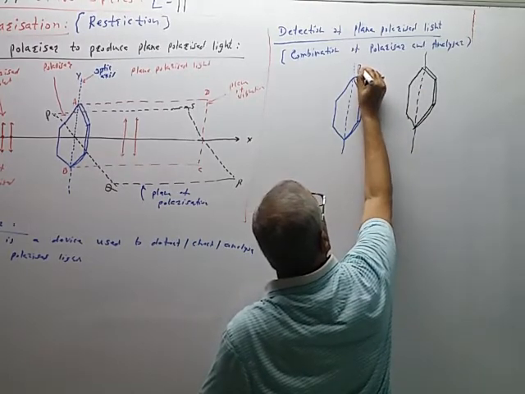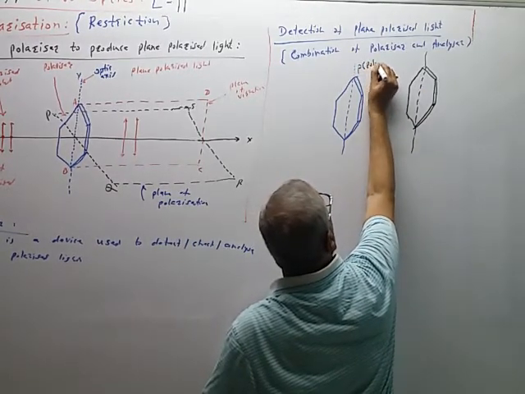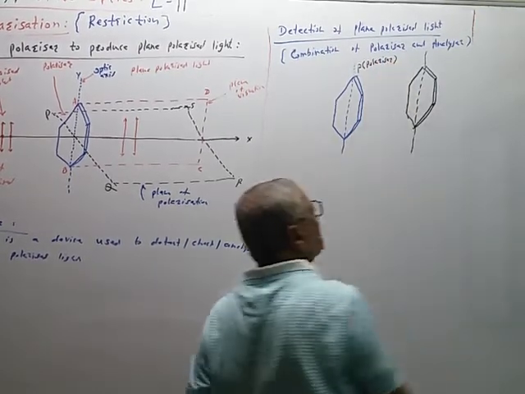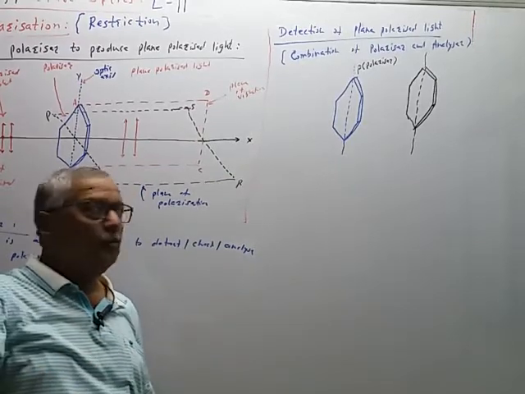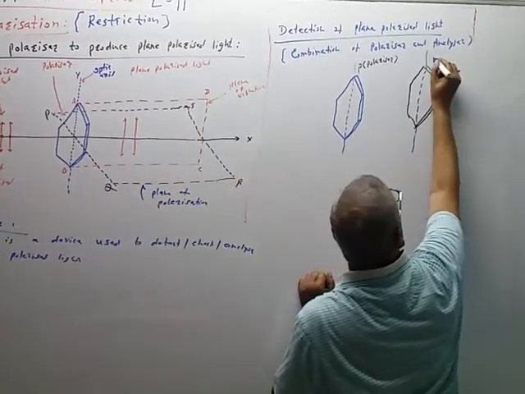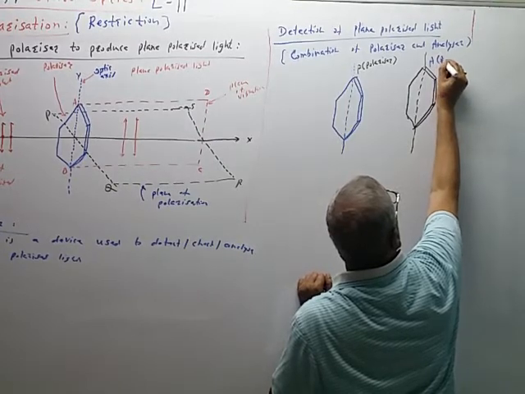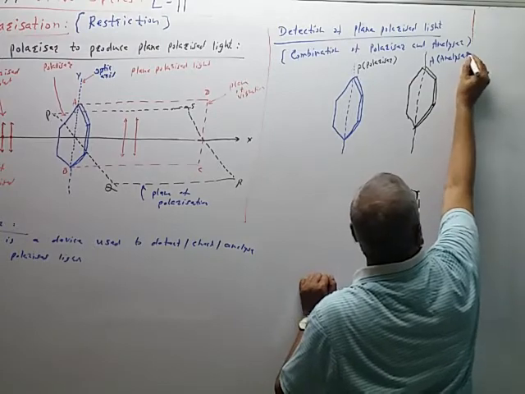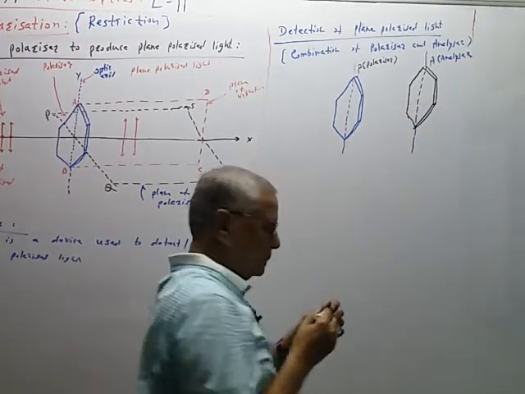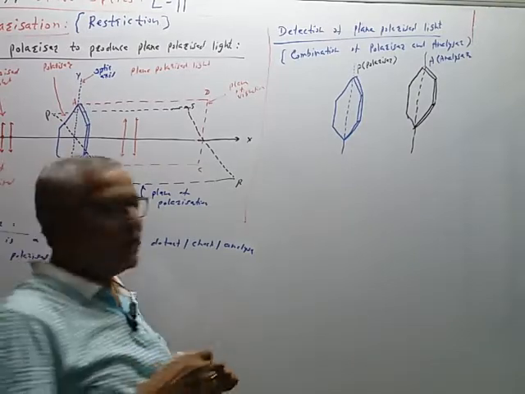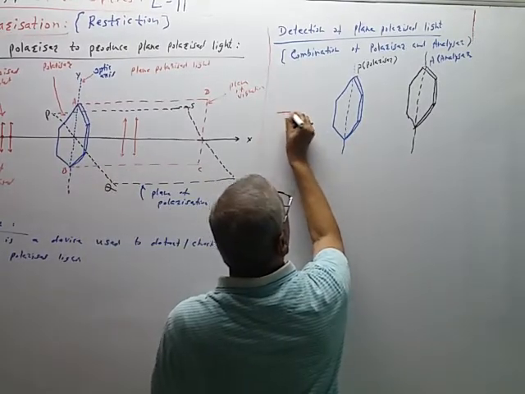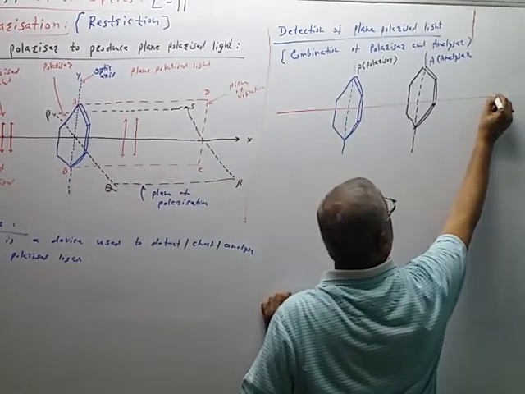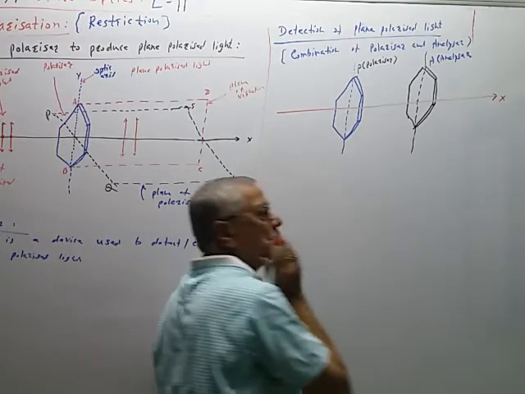P for polarizer, A for analyzer. This is the common axis. This is the x-axis as usual.